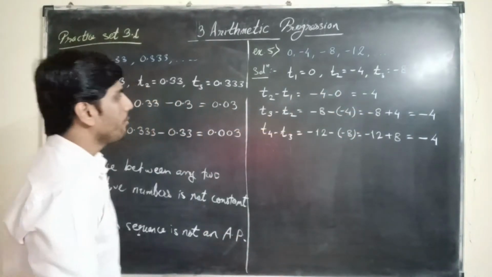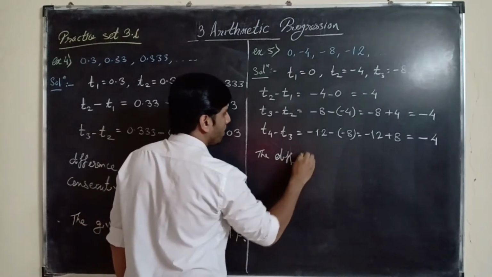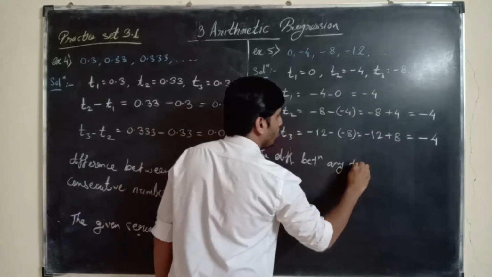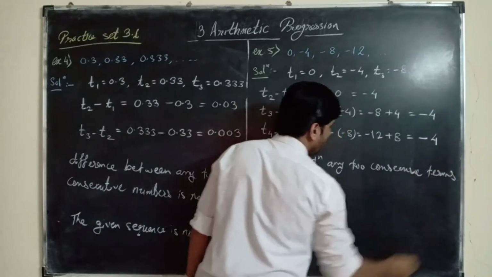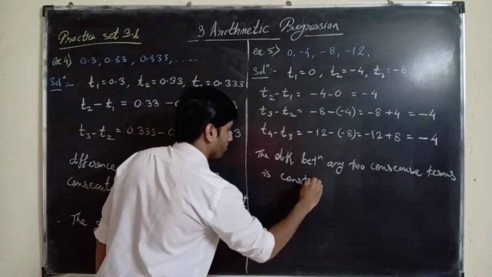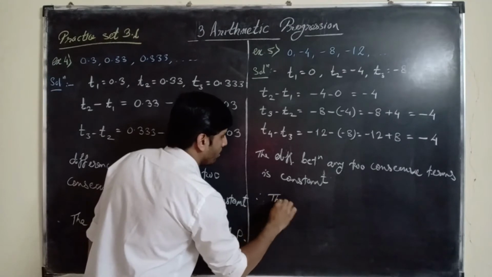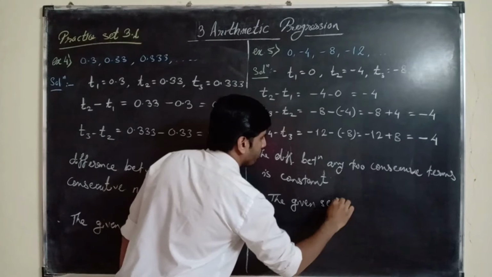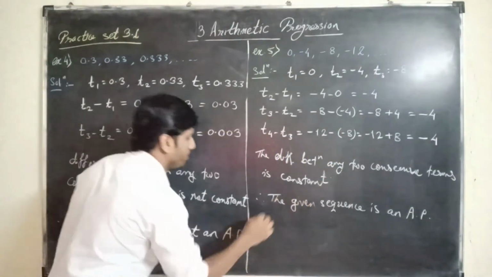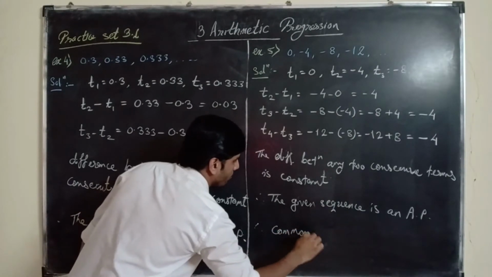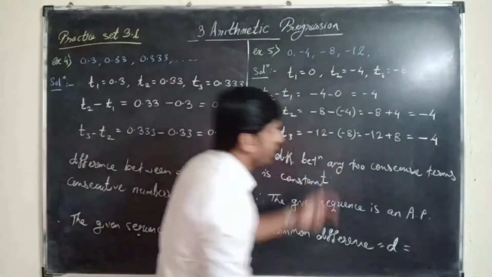Here we are getting the same number, therefore we can say that the difference between any two consecutive terms is constant, therefore the given sequence is an arithmetic progression, and the common difference D is equal to negative 4.